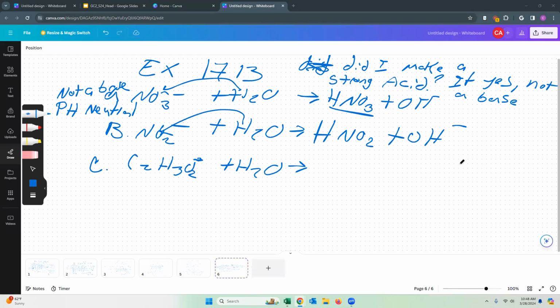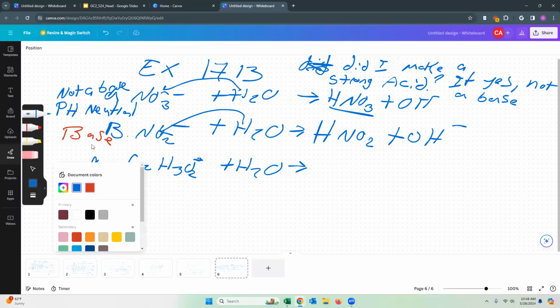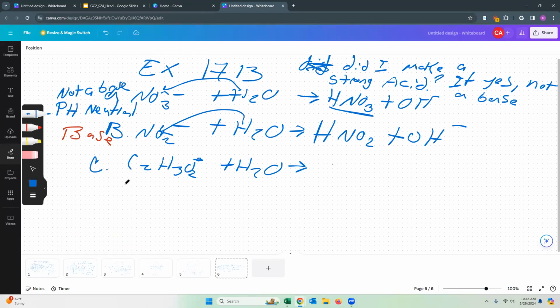Sorry, I had another coughing fit there. HNO2 is not on our list of strong acids. So yes, NO2 minus is a base. Let's do our last compound, C2H3O2.